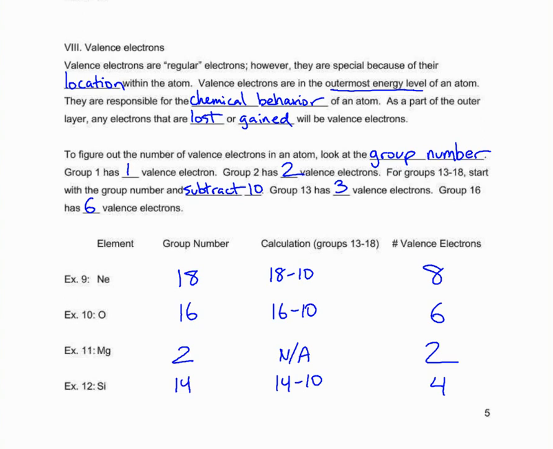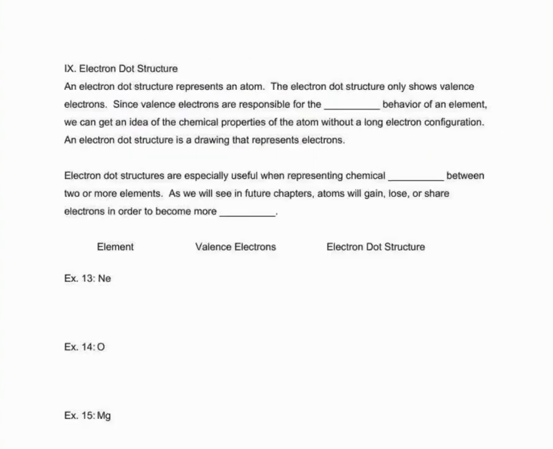On a related note, on the next page, we're looking at something called the electron dot structure. An electron dot structure represents an atom. It's another model. The electron dot structure only shows valence electrons.